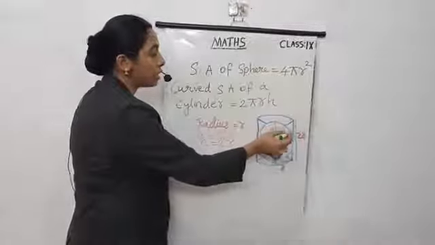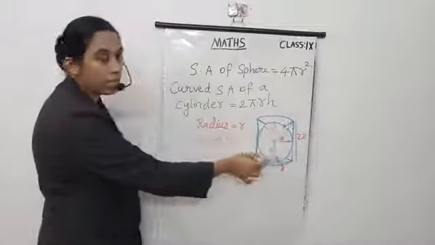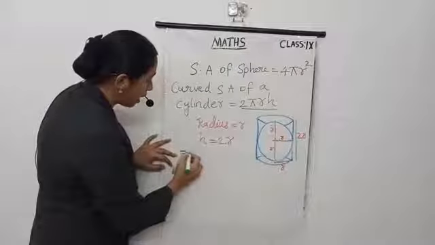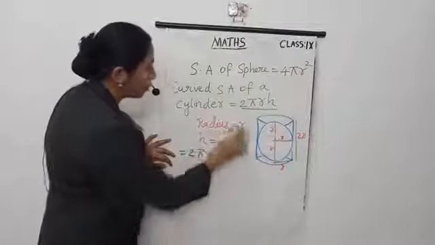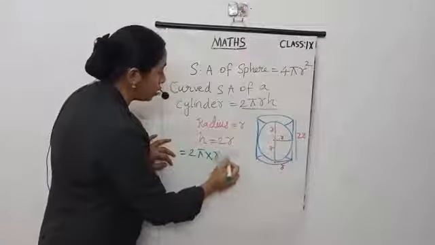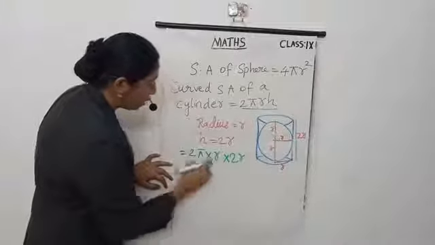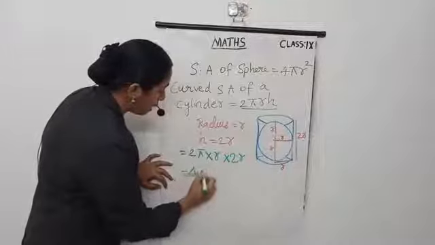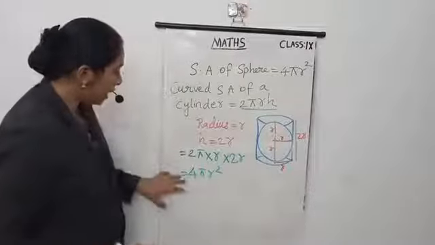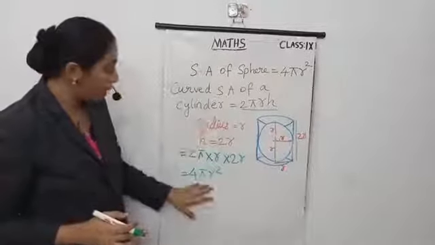So 2r is the height of this cylinder; the radius is r, and the height of the cylinder is 2r. Now substitute these values in this equation. We get 2 pi into r, the radius itself, into h, which is 2r. Now multiply 2 into 2, 4. Then pi, r into r, r square. So the curved surface area of the cylinder is 4 pi r square.